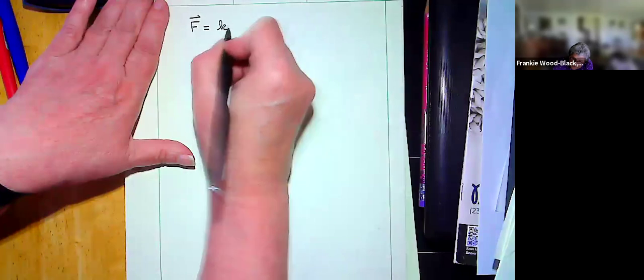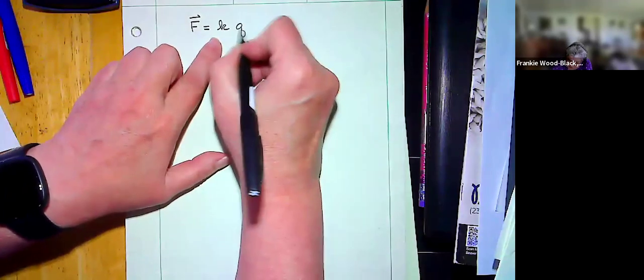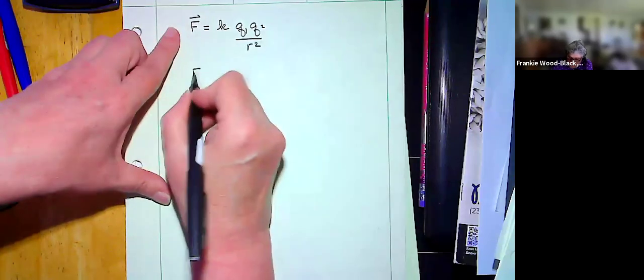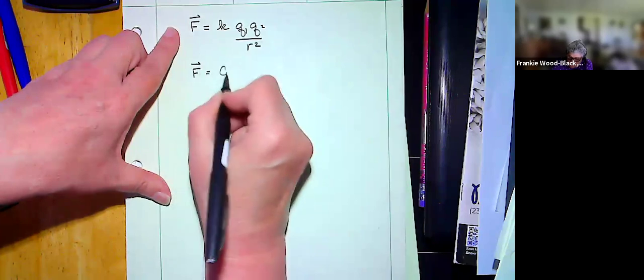So Coulomb said, okay, let's put it all together. The force between two charges is going to be some constant, charge 1, charge 2 over r squared. I'm going to go ahead and write down the other one because I want you to see the parallel.